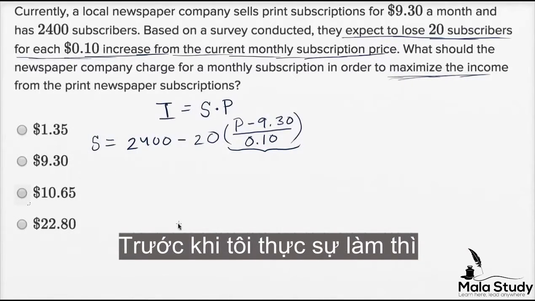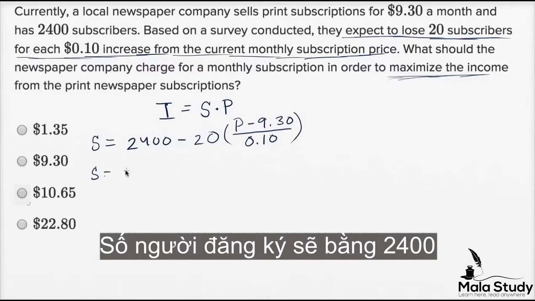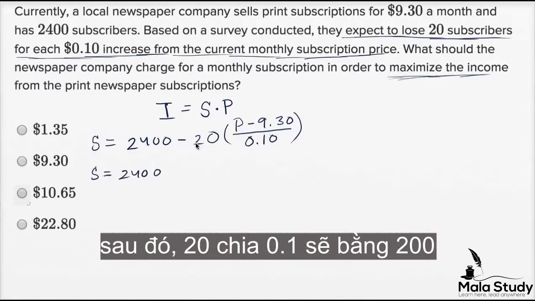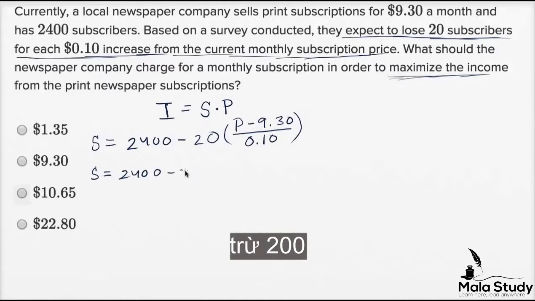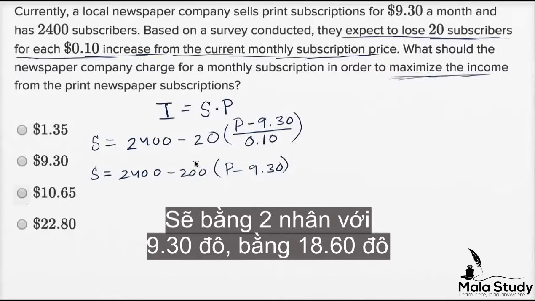So before I actually even do that, let me simplify this a little bit. So subscribers is going to be equal to 2,400. And then let's see, 20 divided by 0.1 is going to be 200, minus 200 times P minus $9.30. And then we can distribute this 200.